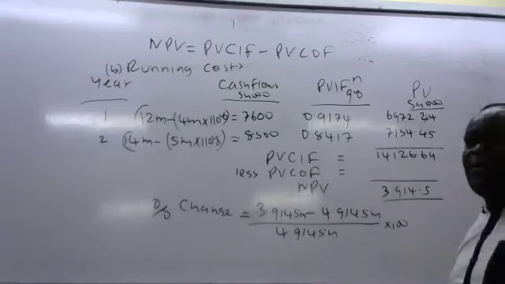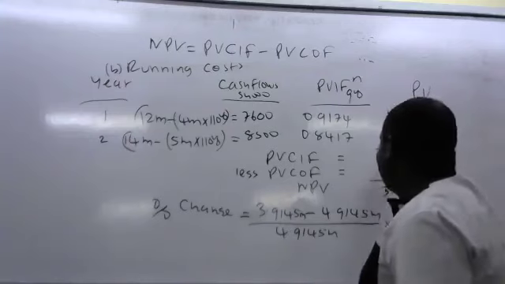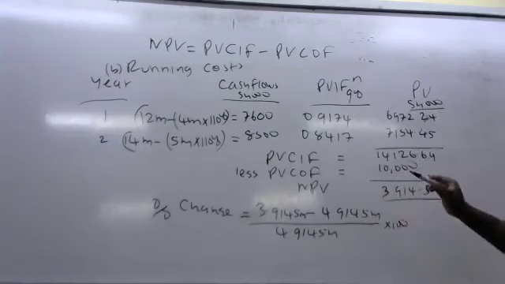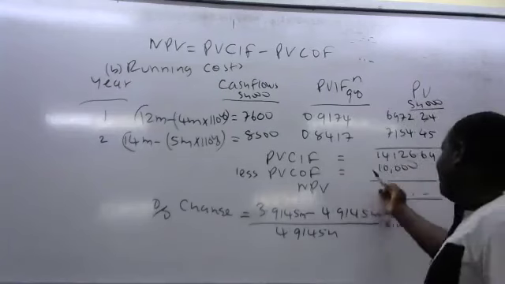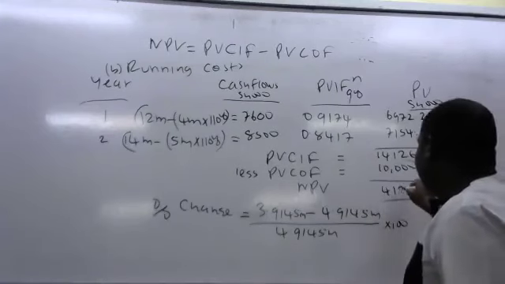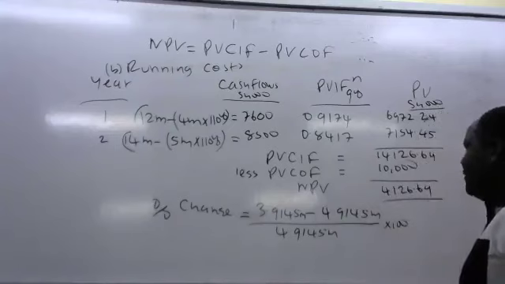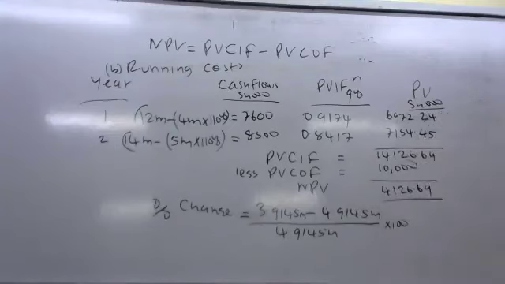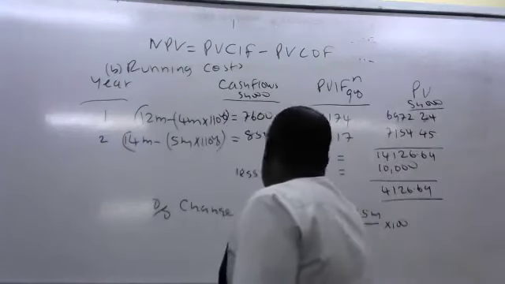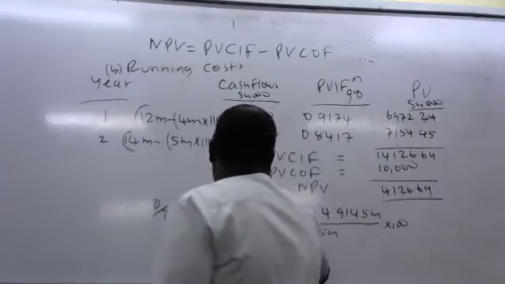So remember the initial cost. Initially it was 10 because now it is not being affected. So that we get now the new NPV. So we get 41. Then now you also get the percentage change. So even that one, you only change this one.